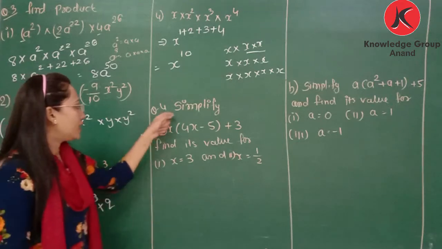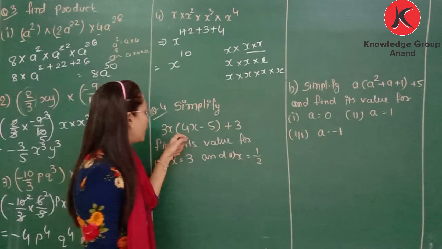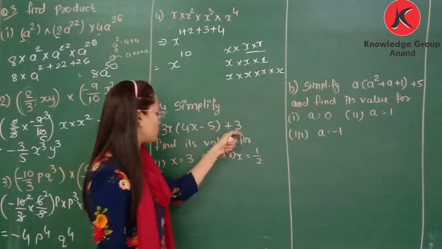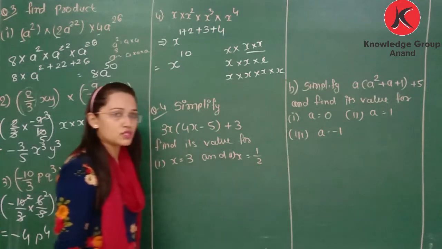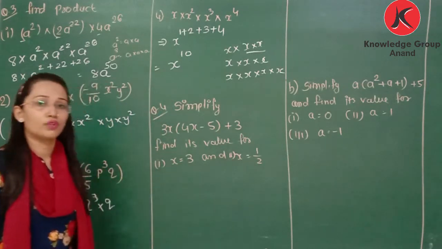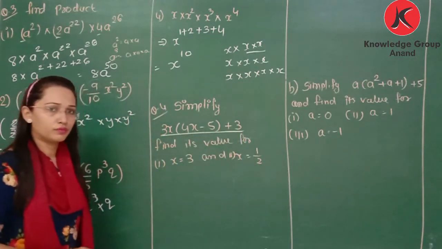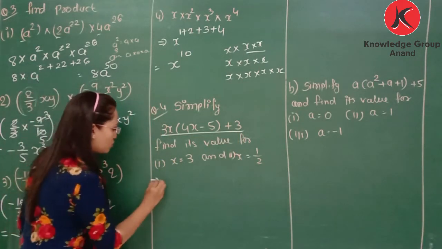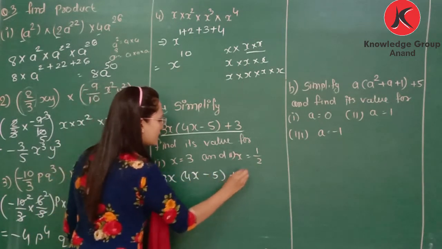Now question number 4. Simplify 3x into bracket 4x minus 5 plus 3. Find its value for x is equal to 3 and x is equal to minus 1 by 2. So here, first of all we need to simplify this one. So 3x into bracket 4x minus 5 plus 3.